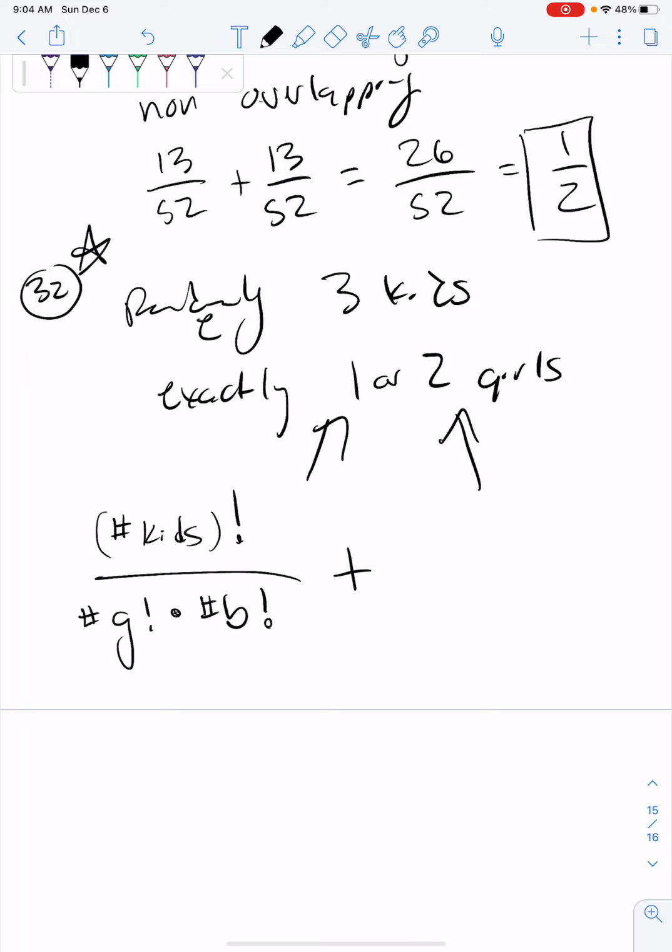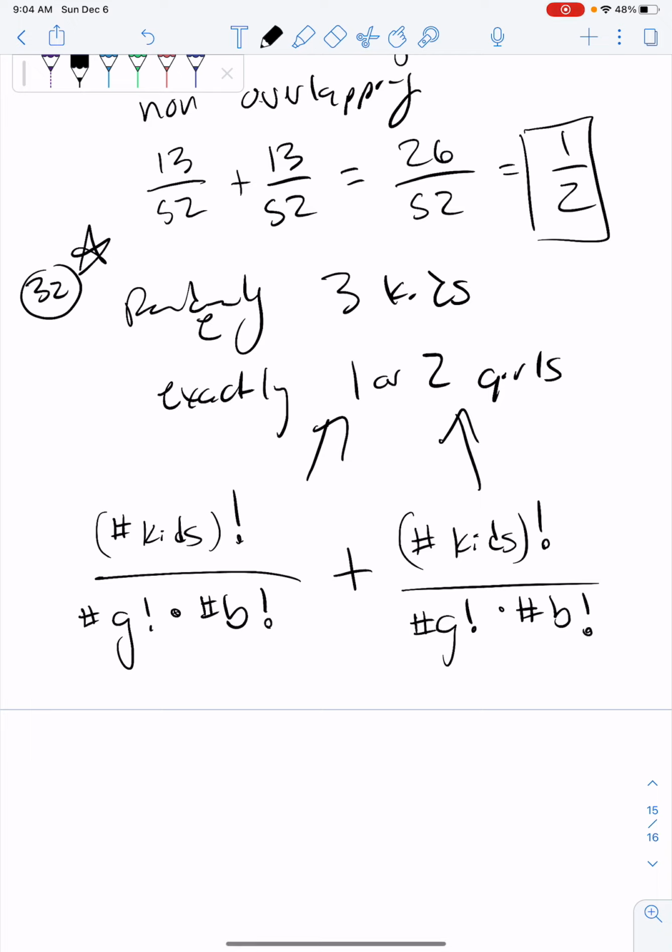Then you're going to add the number of kids factorial again, divided by the number of girls factorial, times the number of boys factorial, all divided by 2 raised to the number of kids.